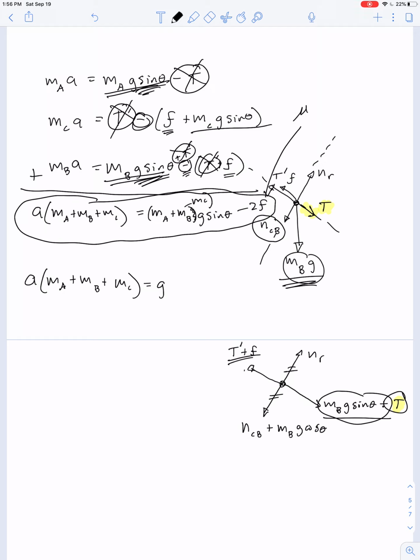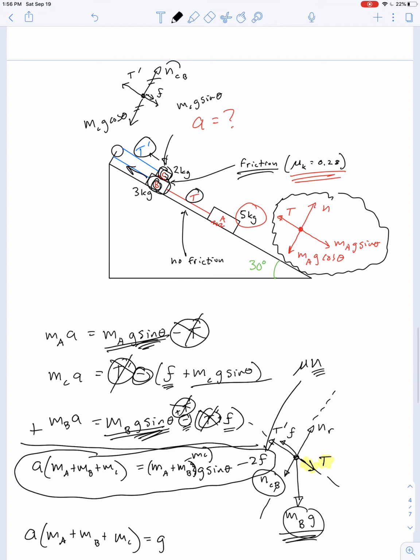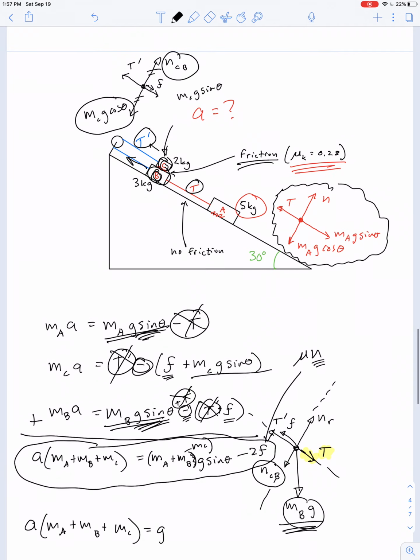Well, mu times normal force. But which normal force? The normal force of contact between blocks C and B. That's the only place where there's any friction. But that normal force of contact is equal to MCG cosine theta.